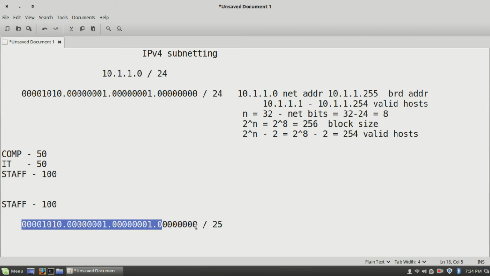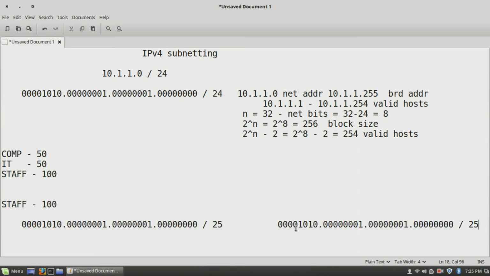Because that will now become the identity of this network. Now, when I assign 1 bit from host to network, there are 2 possible values for this bit. It can either be 0 or 1. When it is 0, it is this network. When it is 1, it becomes another network, because as I said, for a single network this part never changes.